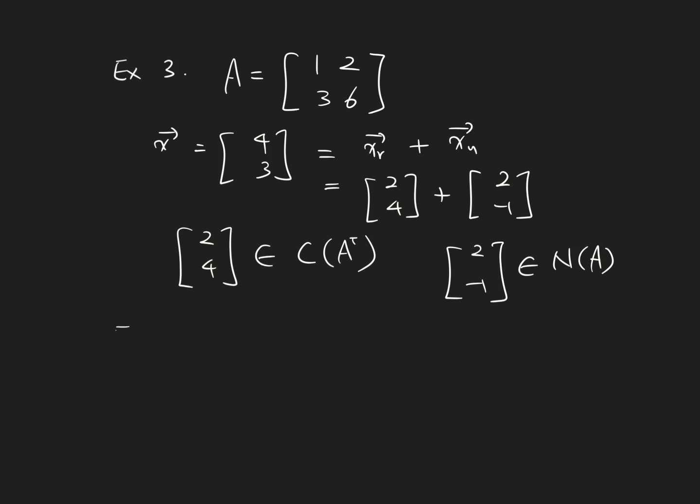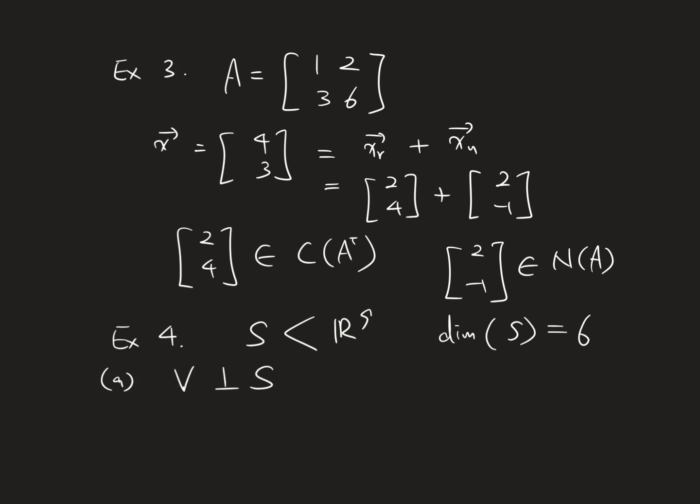And example 4: S is a subspace of R9, and the dimension of S is 6, and we know that a vector space V is orthogonal to S. What is a possible dimension of V?